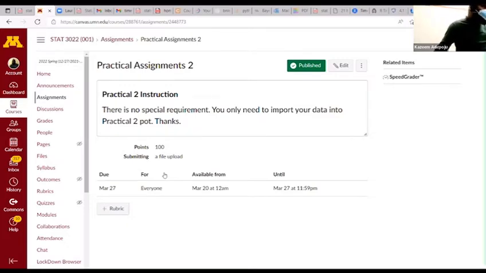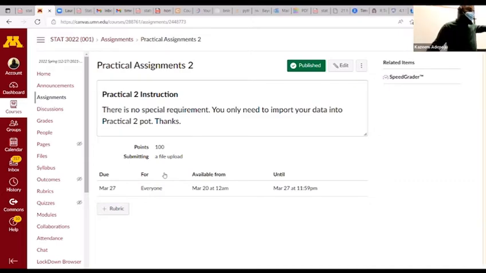But what I need at this time is just for you to import your data set. When you are using a data set from online, make sure you write the source. Whichever way you get your data, I need information about the source. Do you understand that, everyone?